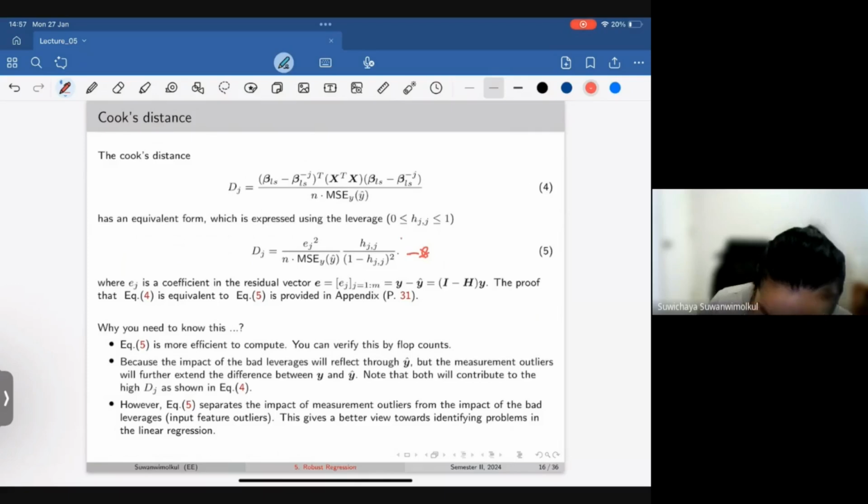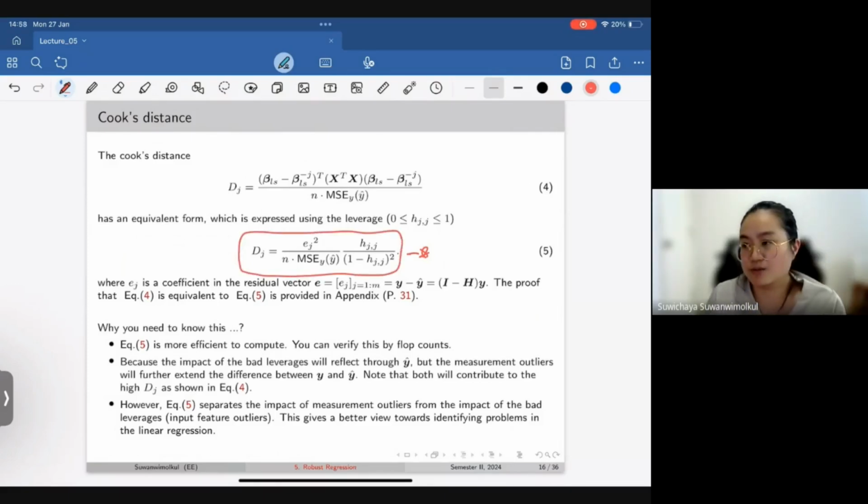And actually, I remember now, this equation will be the one that I would ask you to try to program or implement in Python. And how I came to this equation is something that could be derived according to this page 31.